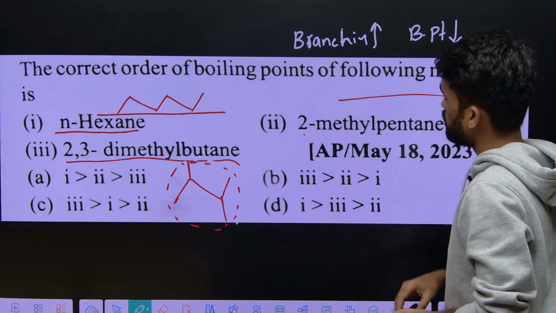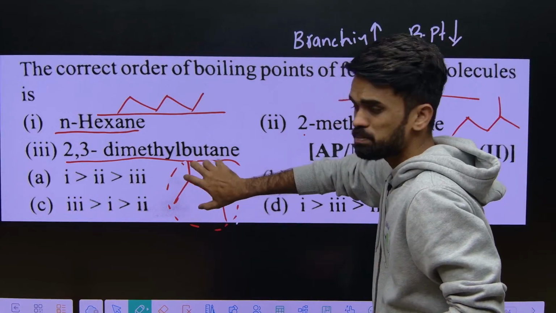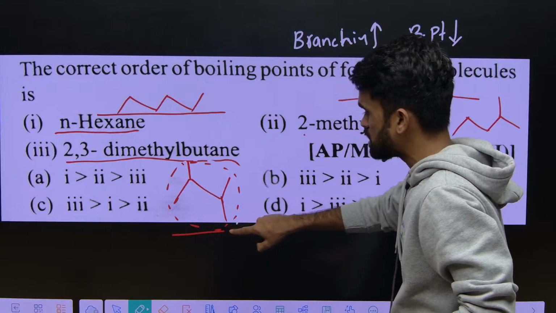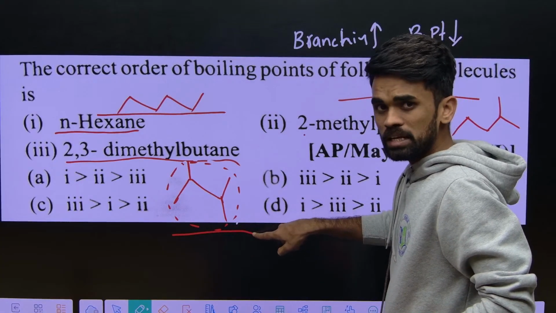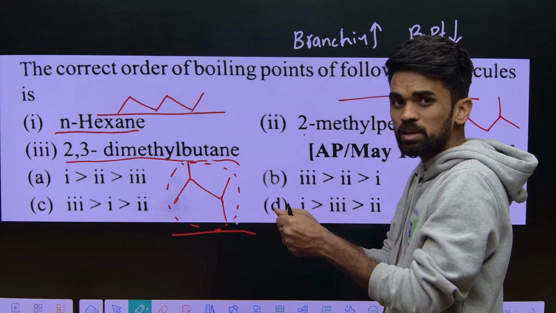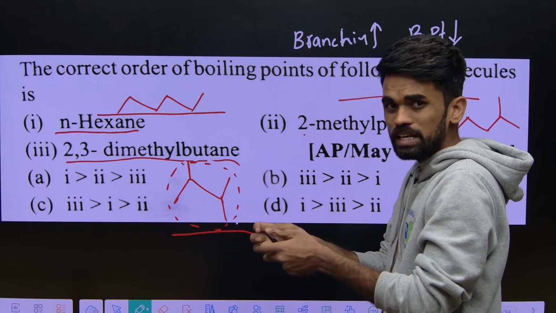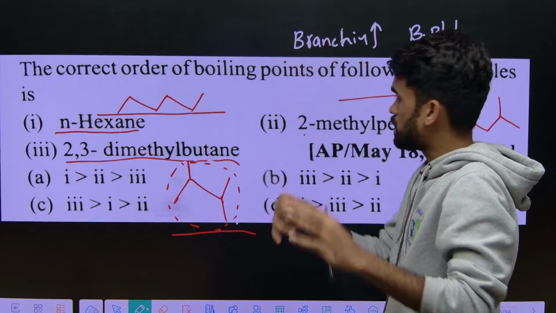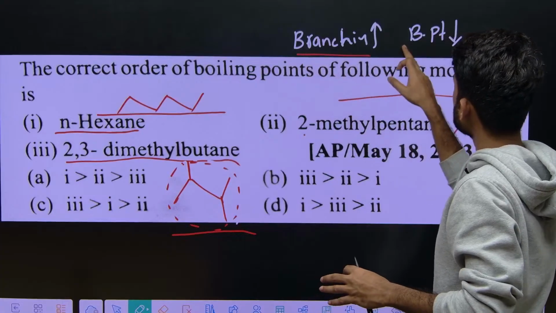Why does boiling point decrease? Because it is becoming a spherical shape, therefore surface area will be decreased, therefore intermolecular forces between the molecules decrease, so it easily converts into vapors. That is the concept here. If branching increases, boiling point decreases.